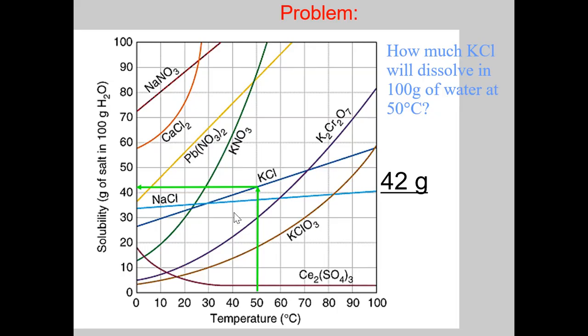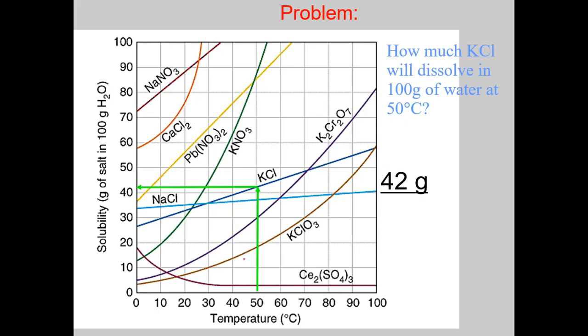That's just reading the chart. Take your temperature, run it up to whatever the compound is, run a line over to the left, the y-axis, see where it intersects. Where it intersects is the amount of solute that can dissolve into 100 grams of water.